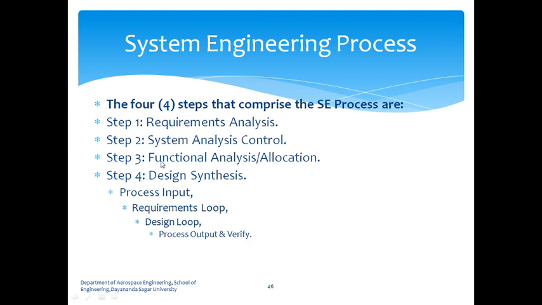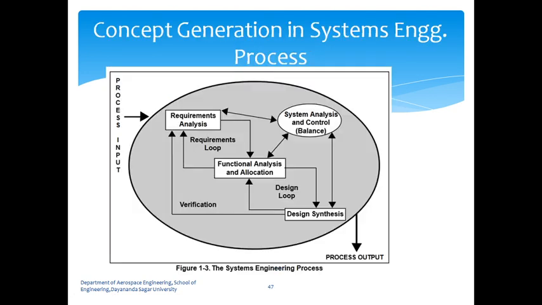How you are planning to make your subsystems for these requirements is called functional analysis and allocation. And once you are clear about the functional analysis and allocation, then you will start your design synthesis. Here you will know some inputs, and I will show more details in the next slide.